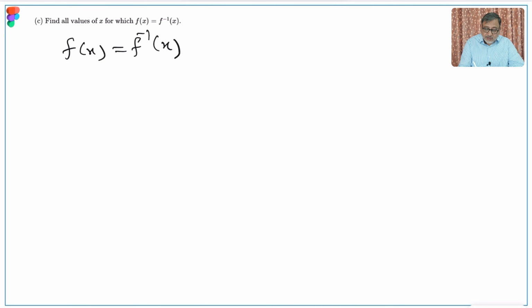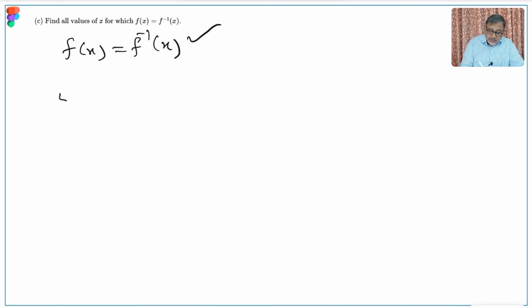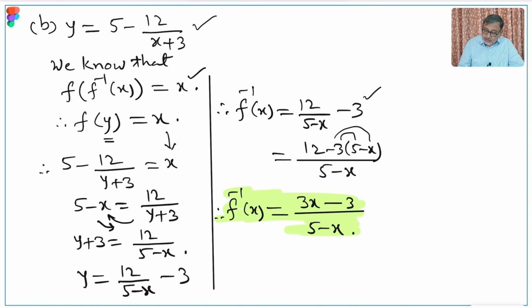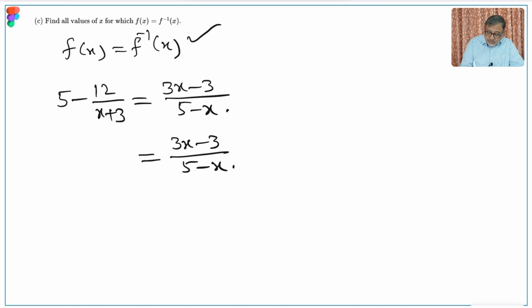Now look here, f of x is equal to f inverse of x. f of x was 5 minus 12 over x plus 3. f inverse of x was 3x minus 3 over 5 minus x, right? I will take the LCM on the left hand side also and combine both the terms.